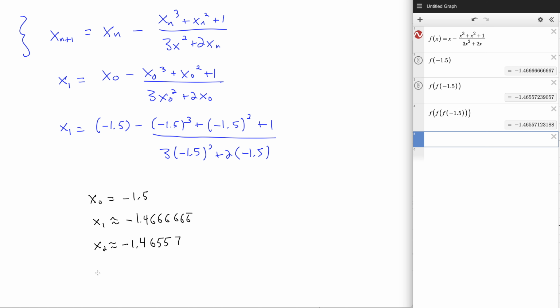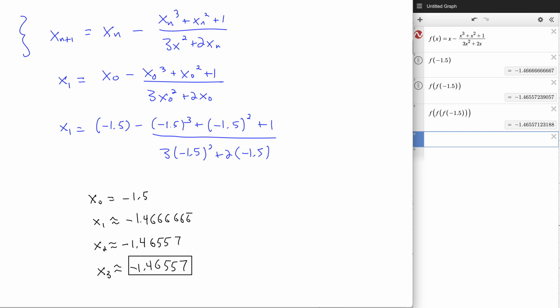So this would be x3, which approximately equals negative 1.46557 after rounding. Now we agree to 5 decimal places on a new iteration, which is where the directions told us to stop. So we'll take x3 to be our actual root, negative 1.46557. And that's how the method works.